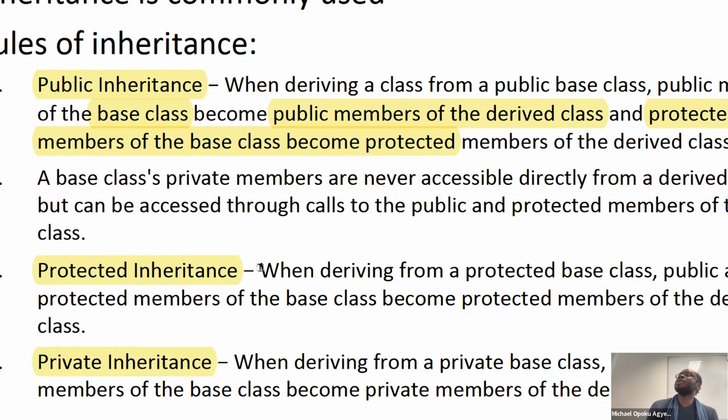Good. Then we've got protected inheritance. If we specify the base class as protected when we are creating the child class, then the public members are converted to protected, and the protected members are kept protected.